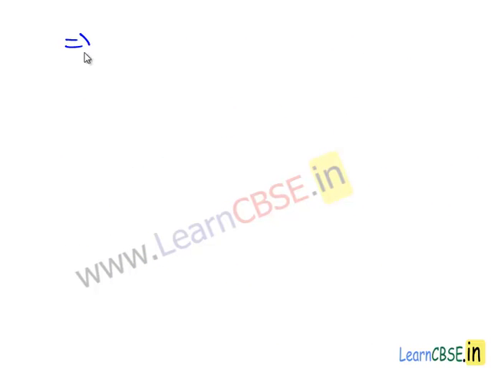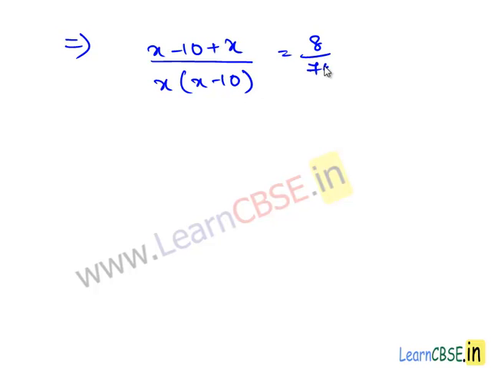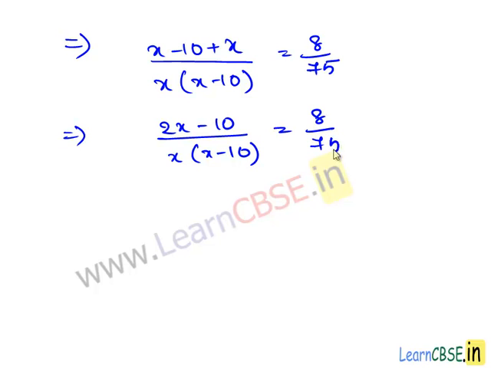So this implies x minus 10 plus x whole divided by x times x minus 10 is equal to 8 upon 75. So this implies 2x minus 10 upon x times x minus 10 is equal to 8 upon 75. Now on cross multiplying, we have 8x times x minus 10 is equal to 75 times 2x minus 10.